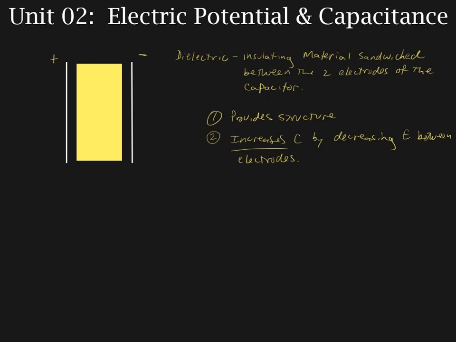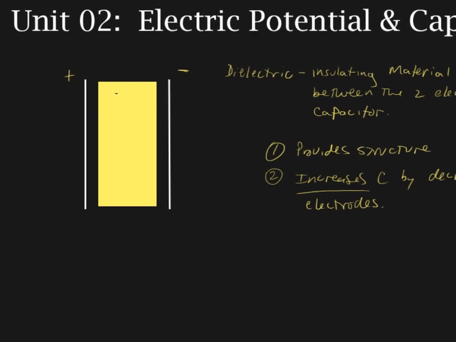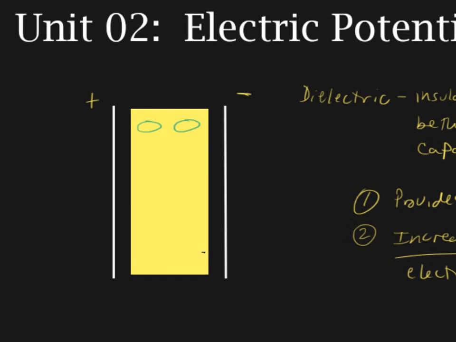So in between the plates of the capacitor in this dielectric material, we've got the molecules of the dielectric. And when there's an electric field present due to these plates being charged, the electric field is going to point in that direction. So this is the electric field due to the plates.